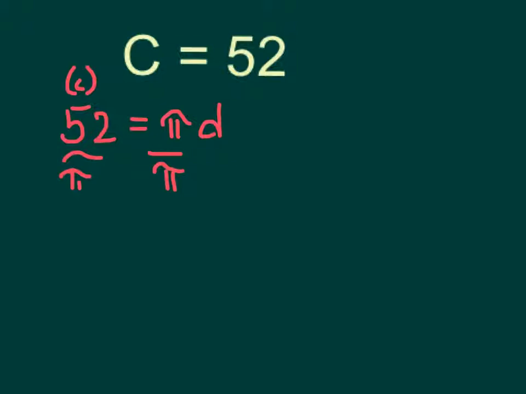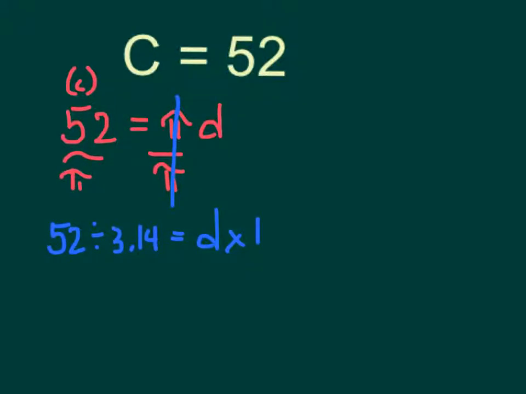How does that look? Well, realistically what happens is I wind up with 52 divided by 3.14 equals d. Why? Well, when I divide pi by pi, it turns into a 1. So it's like d times 1. And we know that any number times 1 is just going to stay itself.